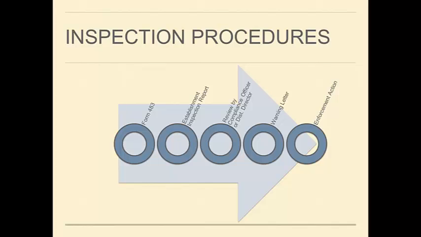There is an opportunity to respond to the Form 483. Some facilities will take this on themselves to do. Some will hire counsel to respond on their behalf. And that response is really important. There's a small time window to respond, 10 days to respond to the Form 483. And it's really important because it provides your side, the facility side of the story.